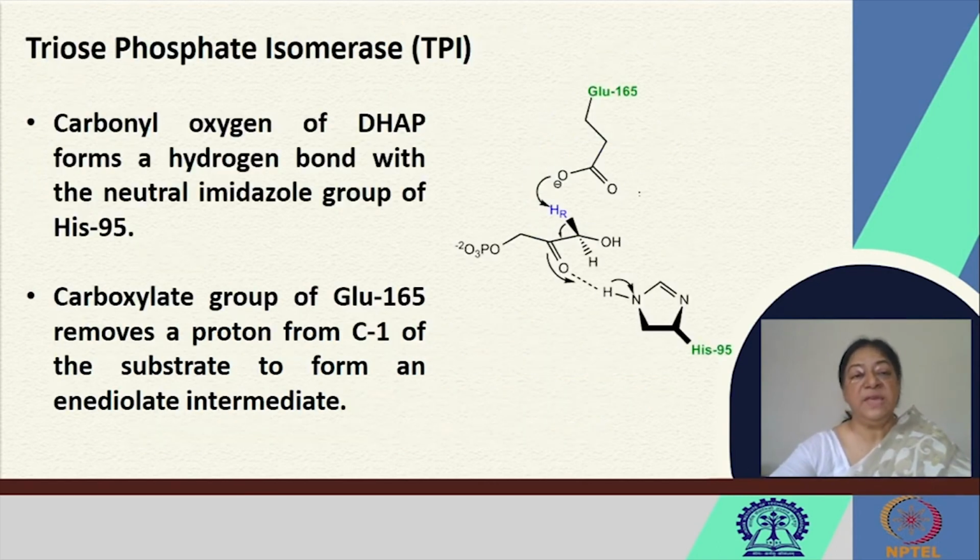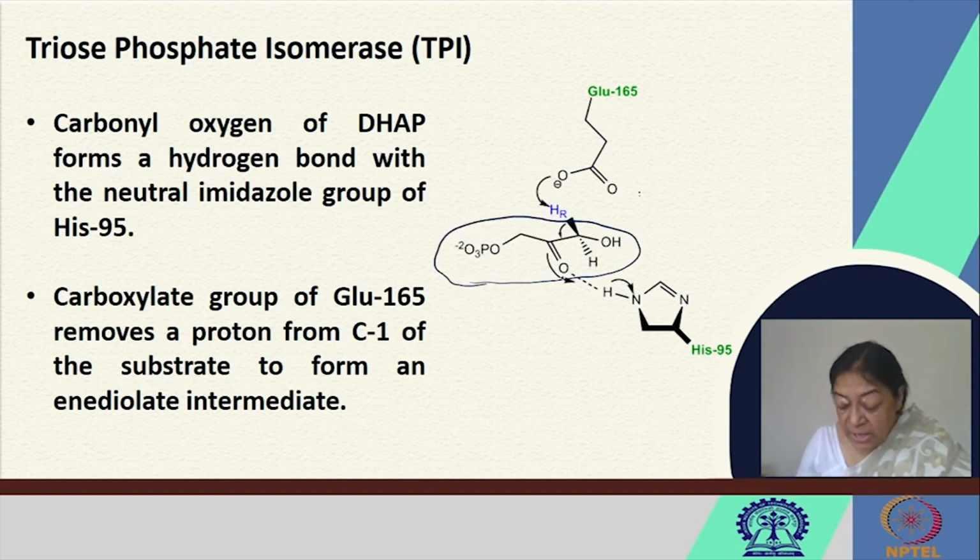So this is where we see the variations of DHAP and GAP. The working of the enzyme is such that the carbonyl oxygen of DHAP, that is, our substrate bound here, forms a hydrogen bond with the imidazole group of histidine 95 of the enzyme.